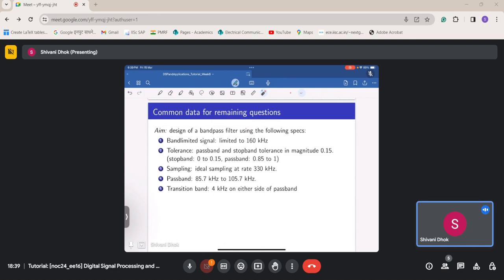Then what we have is sampling. So this band limited signal is sampled at 330 kilohertz.